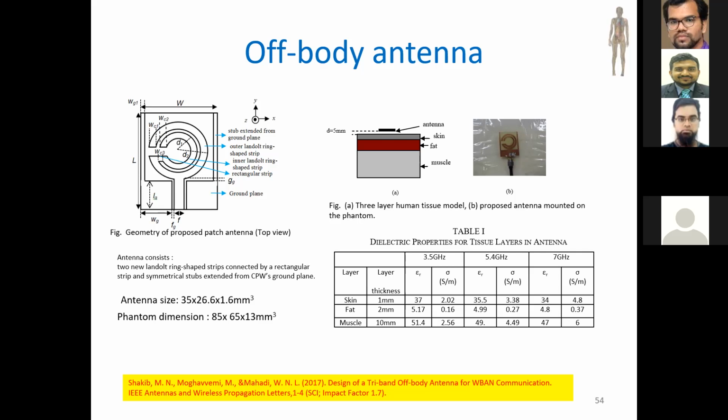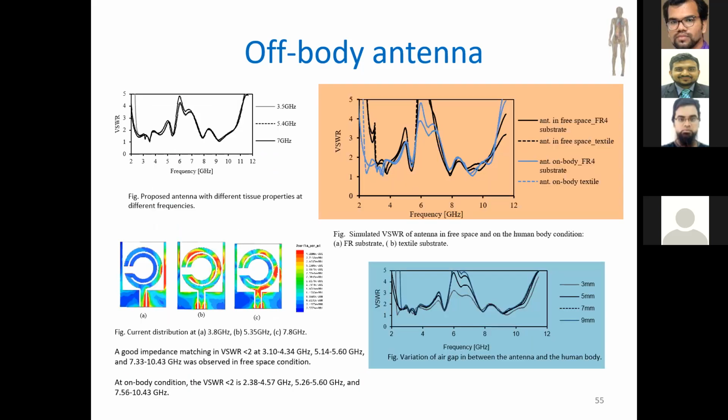On the right side, we kept the antenna slightly above the skin, fat, and muscle, and we get a very good balanced device and also balanced results. You can see the current distribution at different frequencies, 3.8, 5, and 7 gigahertz.